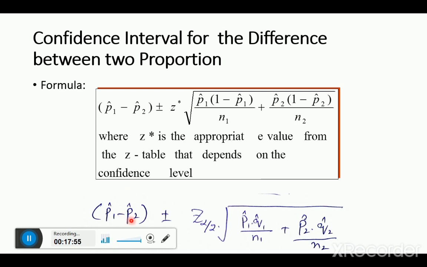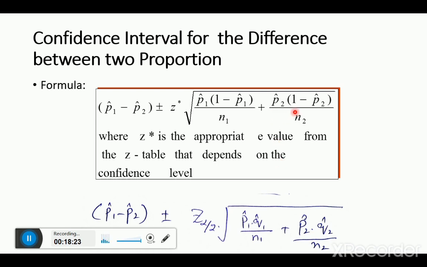Don't be confused. Here p cap 1 is this, and 1 minus p cap 1 is the same thing which is known as q. In some books they write q directly, and in other books they write 1 minus p cap 1 directly. So don't be confused, this 1 minus p cap 1 is the same as q1, divided by n1, plus p cap 2 into q cap 2 divided by n2.